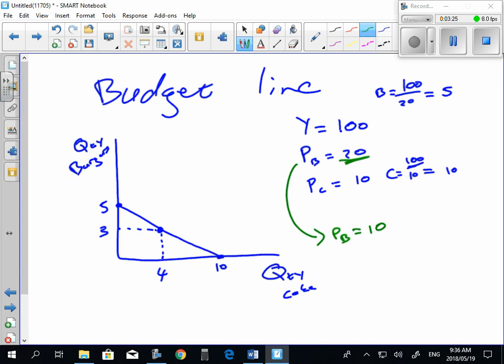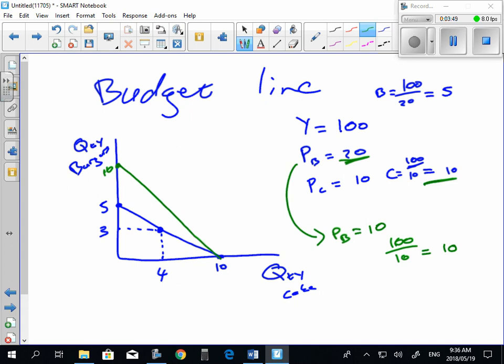In exactly the same way. You would divide your income, 100 Rand, by 10, and now suddenly you can afford 10 burgers. If we plot that, remember the price of Coke hasn't changed, so our new budget line would look like that.